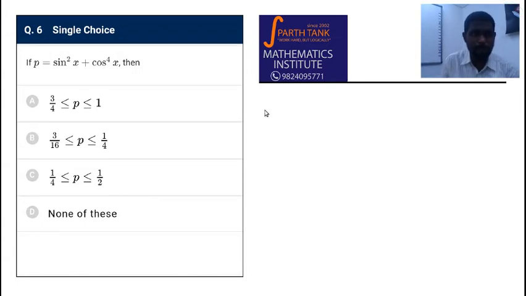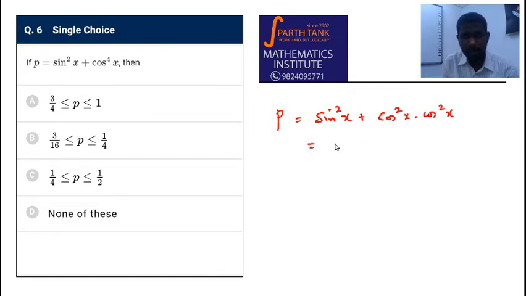If P is sine squared x plus cos power 4 x, then what are the maximum and minimum values of P? Let us see. This expression can be simplified a little bit like this: cos squared x into cos squared x. What is the advantage?